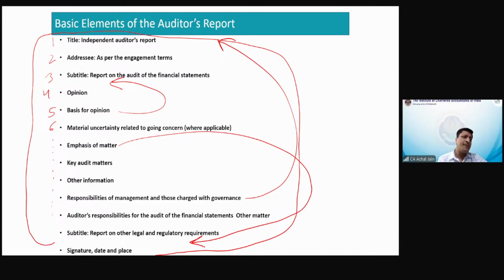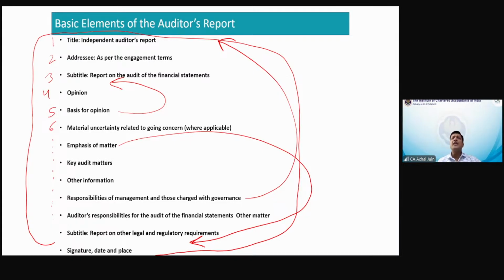Now in this case, there are a lot of sections, there are a lot of elements in this audit report one can see. So now what we will do is, we'll just look at the audit report of a company. Some of these elements which you can see, of course, are easy to understand, easy to consider while they are written on the screen.